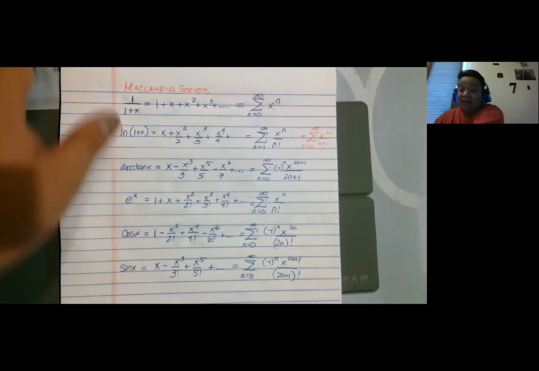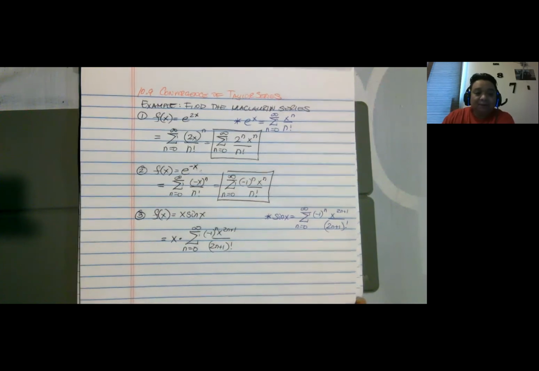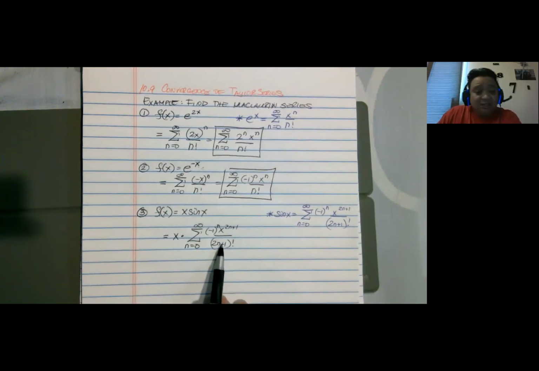Yes, the -1 should still be in there. Did I remove it? Oops. Yep, I did. I took it out. So yes, it still has the n power. Remember, this is just a polynomial with the odd powers on them.